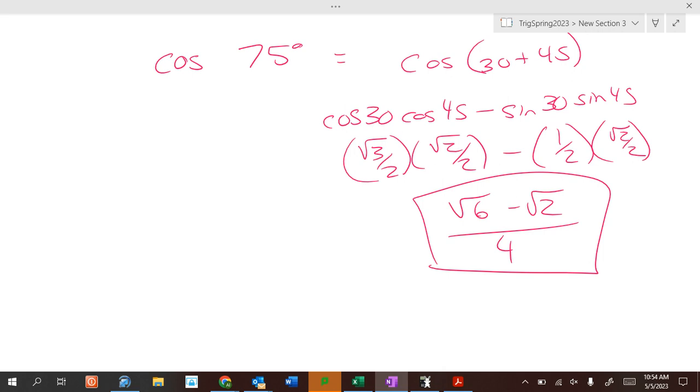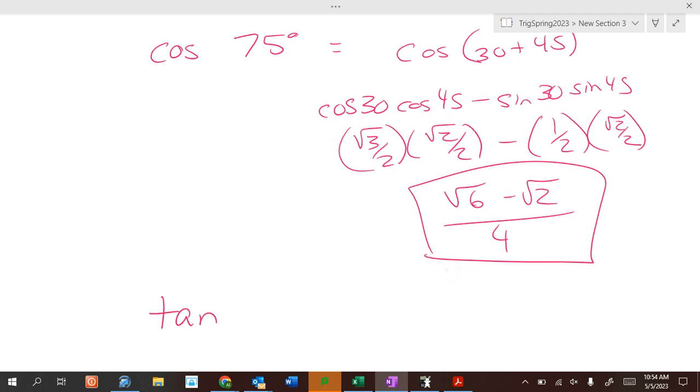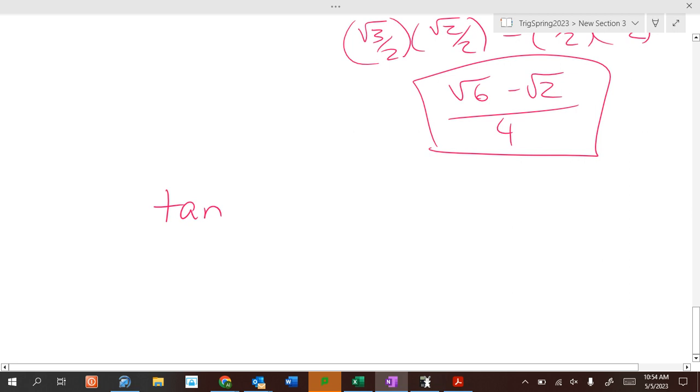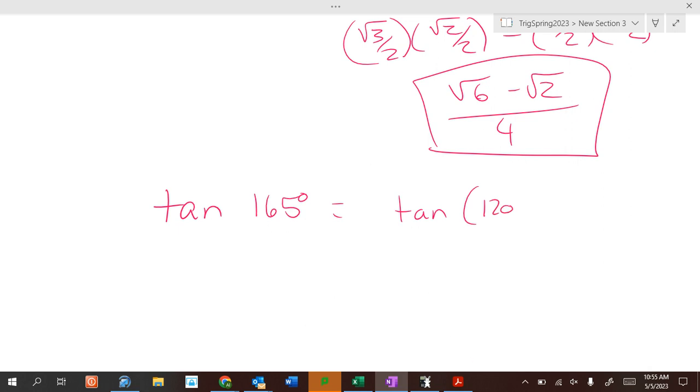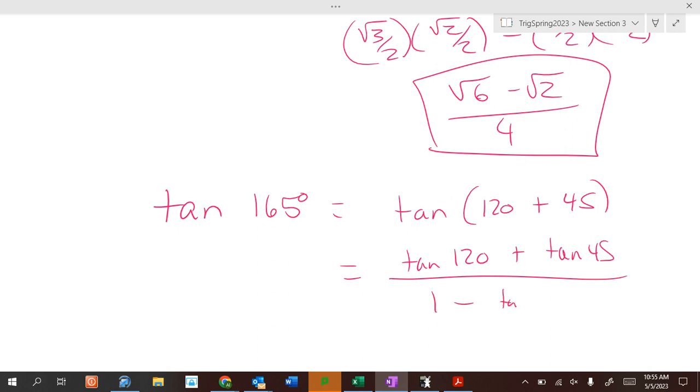Do you want any others? Because we just went over half angles and double angles. Should we do a tangent one quick? Tangent of addition or subtraction. So let's go the tangent of 165. So that's the tangent of what plus what, like 120 plus 45, which is the tangent of 120 plus the tangent of 45 over 1 minus the tangent of 120 tangent of 45.